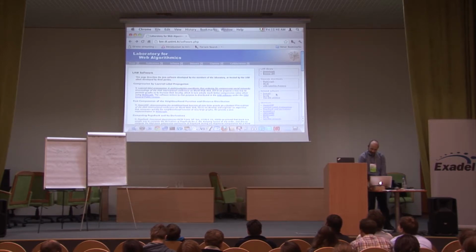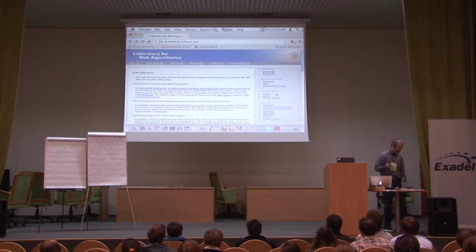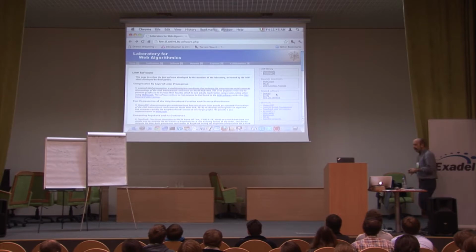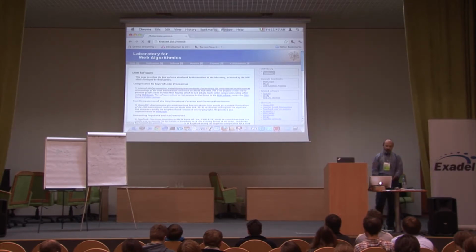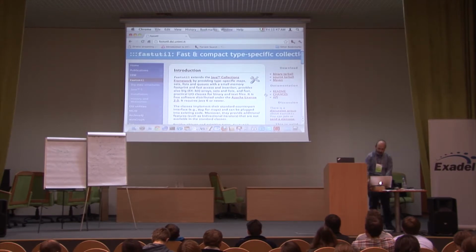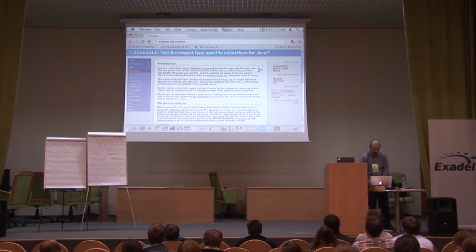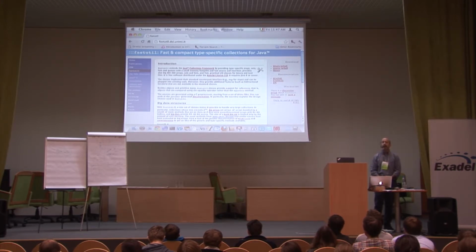What else? There is another nice package called FastUtil. It was not written by me, but by Sebastiano Vigna. It's really nice in general. It's a set of utilities providing very memory and time-efficient implementations of primitive type collections.